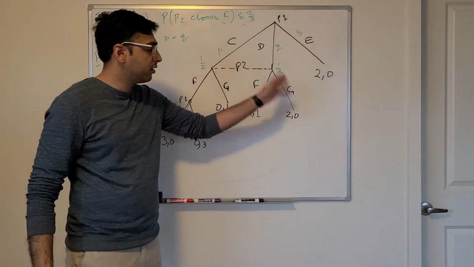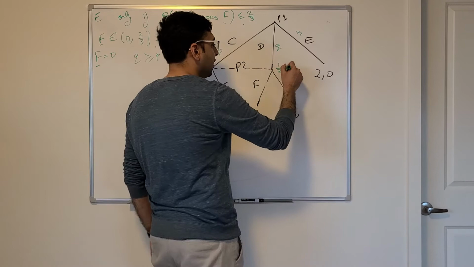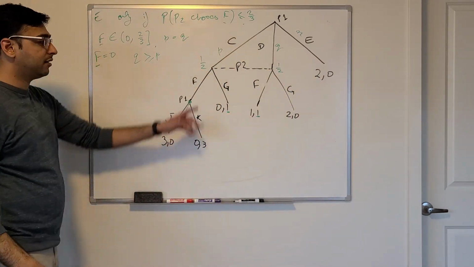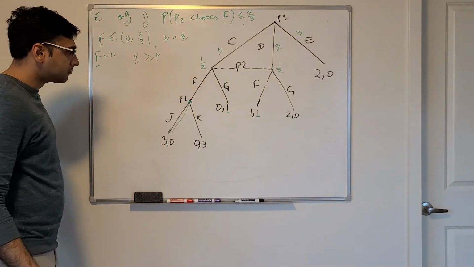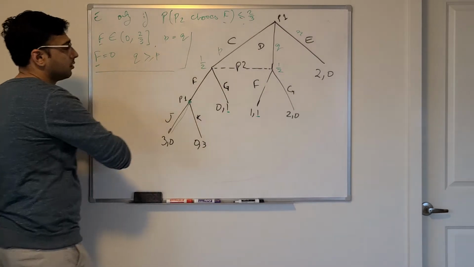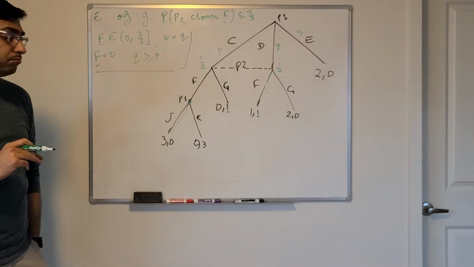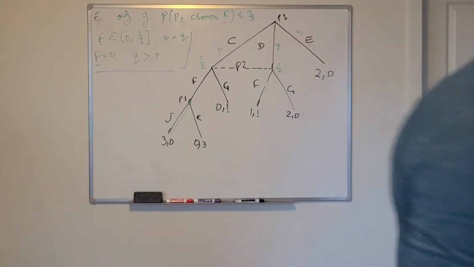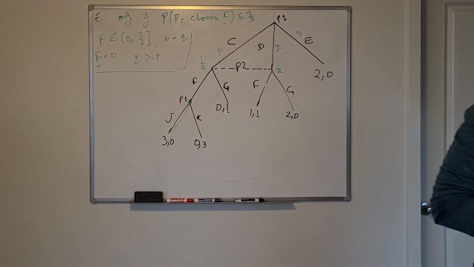Then you always choose G. So this simply requires any number greater than 1/2 here, or less than or equal to 1/2 here. And so all of these will constitute weak sequential equilibrium.